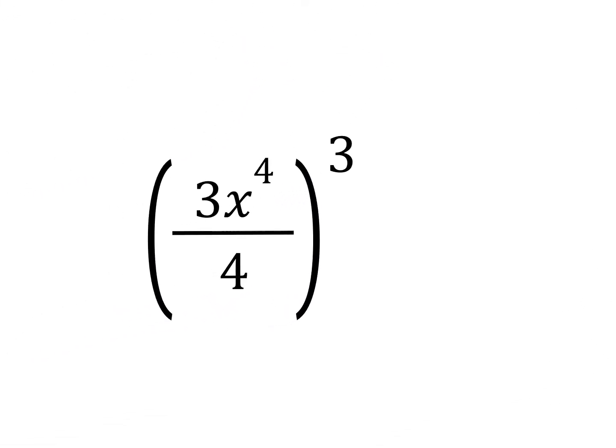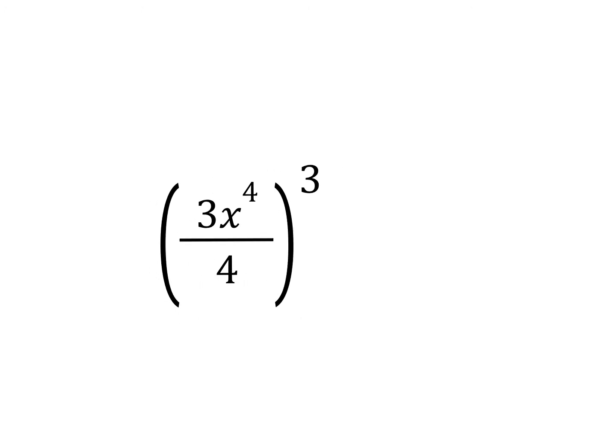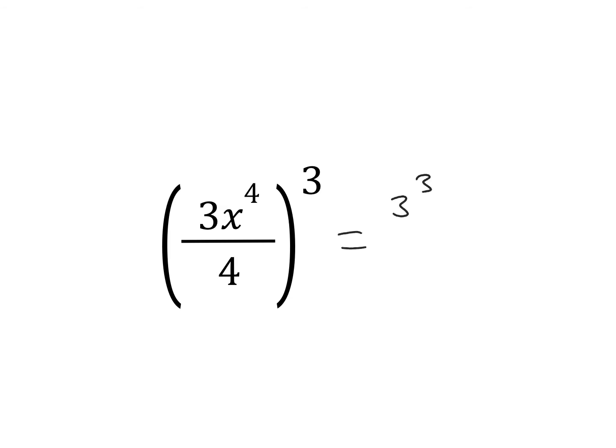Now with this one, again, we got to take each piece of our quotient to the 3rd power. So we take 3 to the 3rd power, and then we take x to the 4th to the 3rd. Well, that's x to the 4 times 3, right? So we have x to the 12th, and then over 4 to the 3rd power.